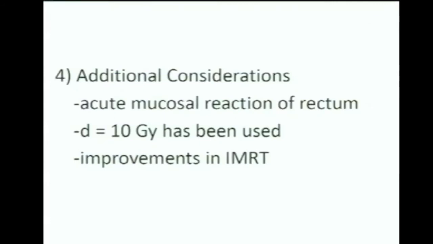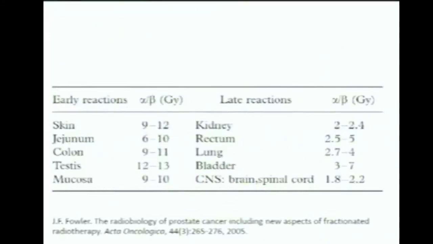One of the things that even Jack Fowler admitted was that when using hypofractionation, one must keep in mind that skin is a very early responding tissue, like you'll see in this first slide, that skin has a very high alpha-beta ratio, so it's early responding.